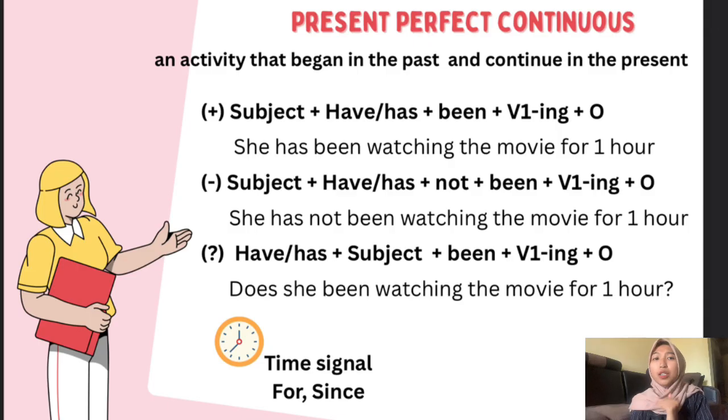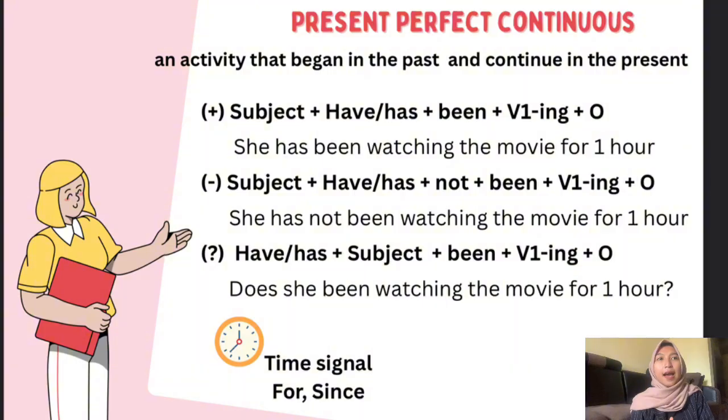Present perfect continuous is an activity that began in the past and continues in the present. Nah, jadi dia suatu kegiatan yang mulai di masa lampau dan dilanjutkan sampai saat ini, sampai sekarang ini. Okay?